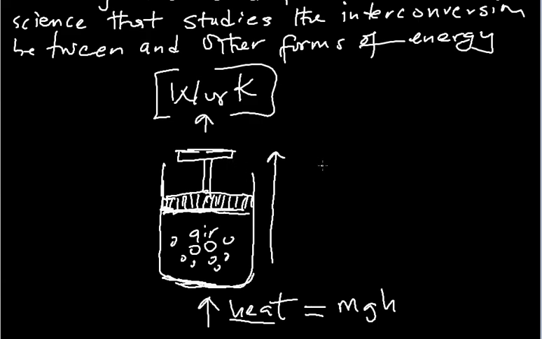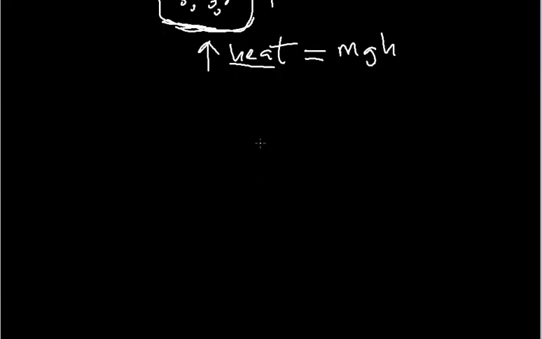In thermodynamics, we are going to be looking at a lot of instances that have to do with the conversion of heat energy to other forms of energy. But the principal energy in thermodynamics is heat. I hope that is well understood. So now let's proceed.